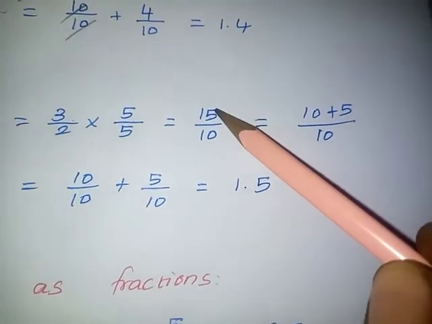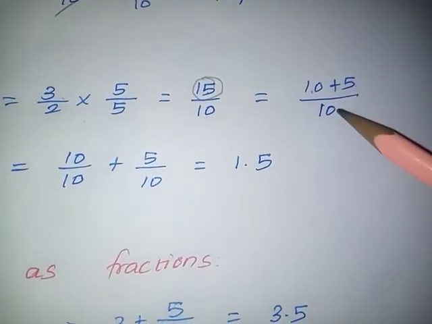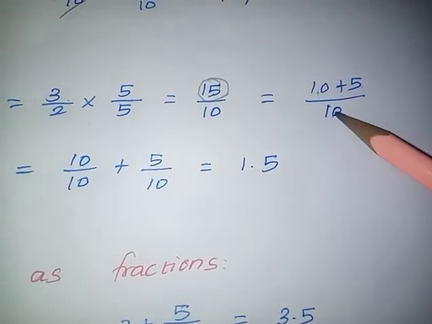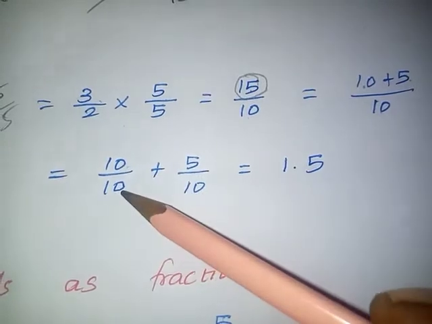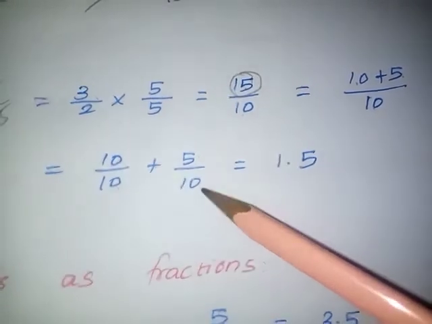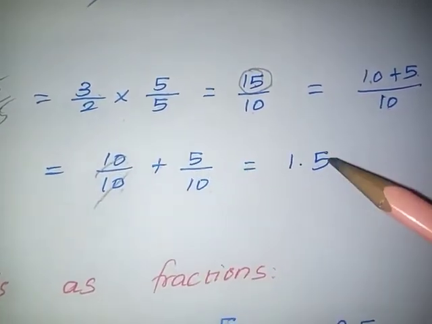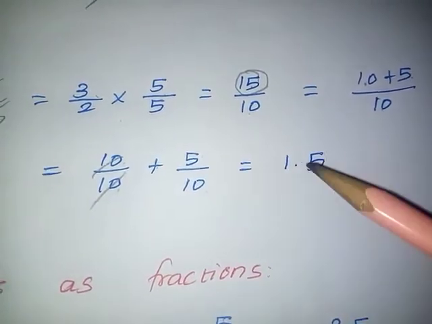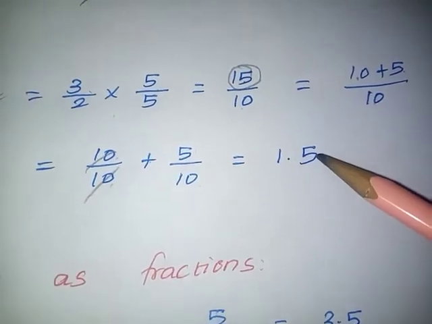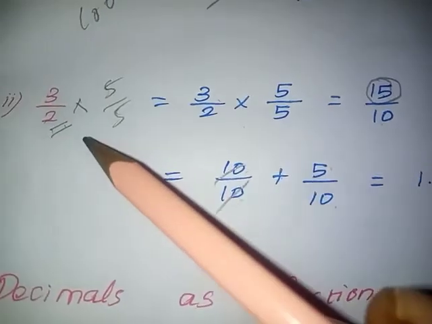Again 15 can be split as 10 plus 5. Now 10 is the common denominator, so we apply it individually. So 10/10 plus 5/10. Now 10/10 is nothing but 1. Then 5/10 is the decimal part. So 1.5 is the respective decimal value of the given fraction.